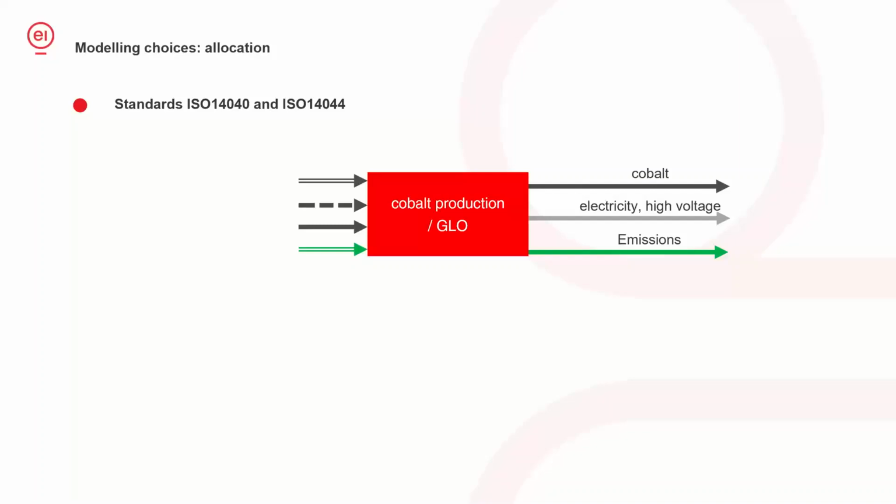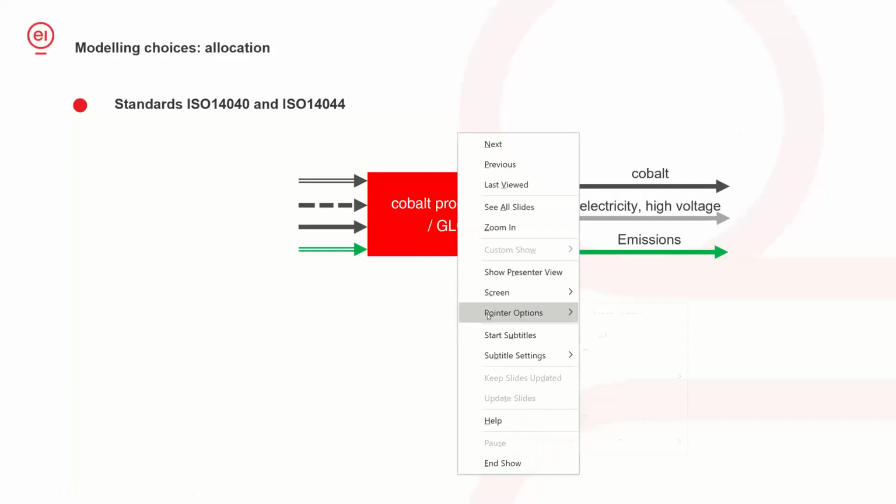According to the standards of the ISO series, the first step when we have a multi-output activity is to disaggregate, if possible, based on the physical properties. This is also the first step that we are implementing in the database. When possible, we have physical disaggregation. When this is not possible, in this example here, cobalt production produces both cobalt and electricity high voltage.